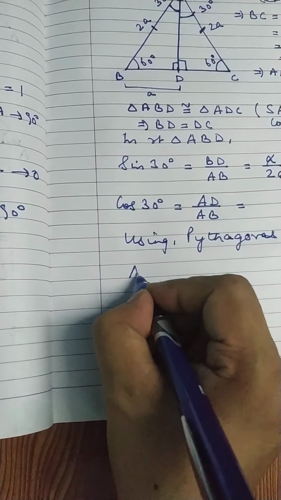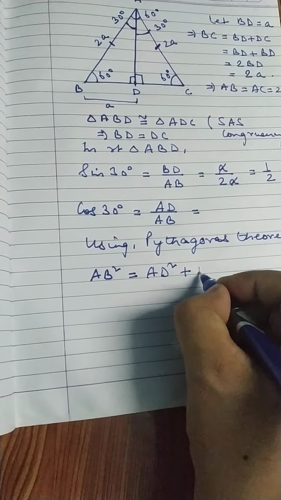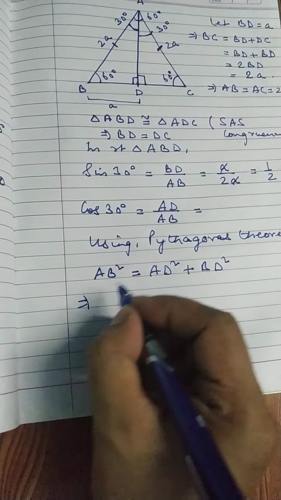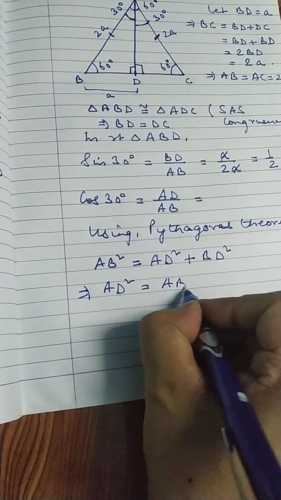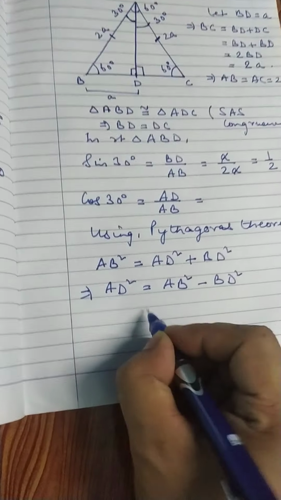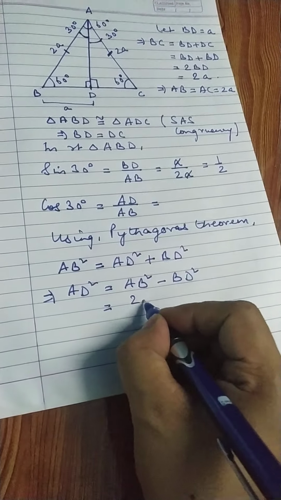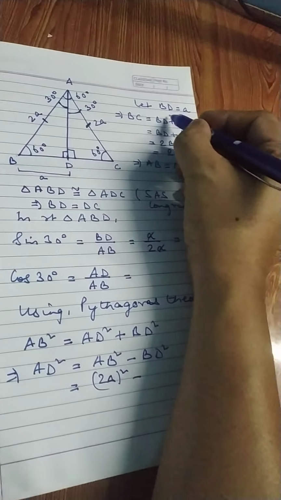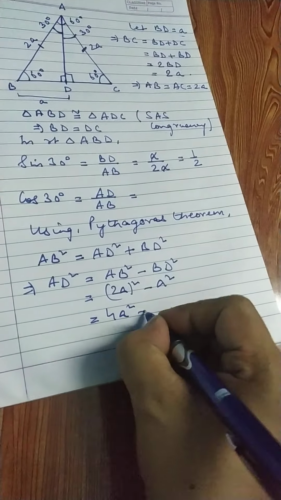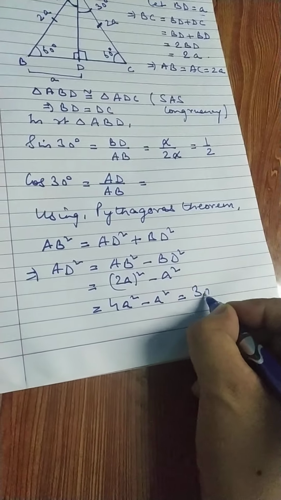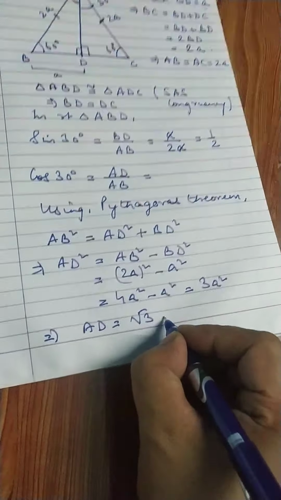We get AB square is equal to AD square plus BD square. So AD square is equal to AB square minus BD square. The length of AB is twice A, whole square, minus BD, which we considered as A, so A square. This is 4A square minus A square, which is equal to 3A square. It implies AD is equal to root 3 A.